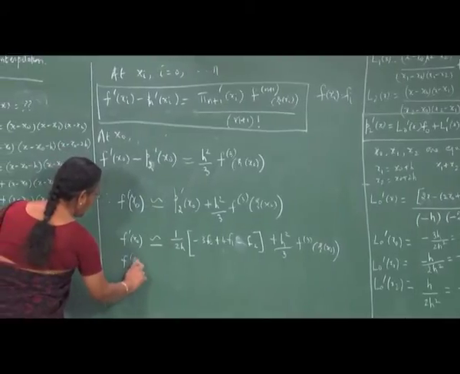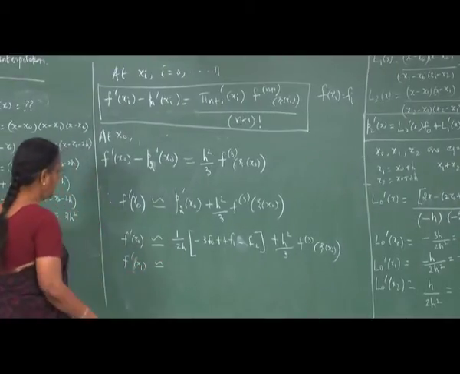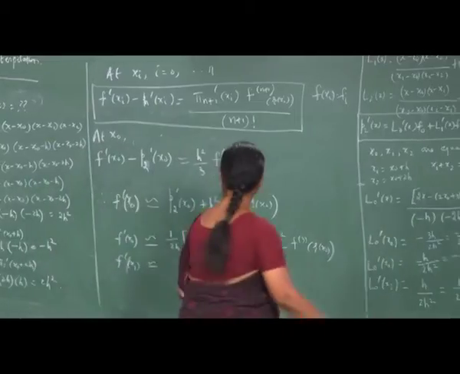So, now I can write down the approximation for f dashed at x1.